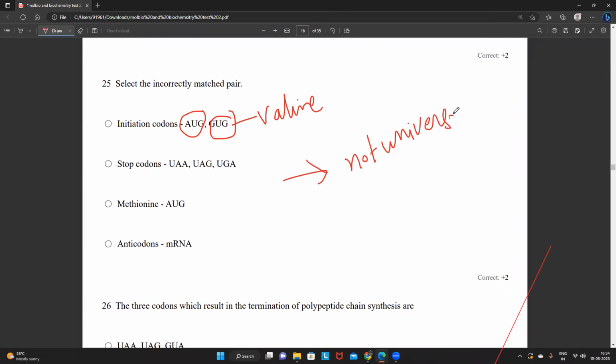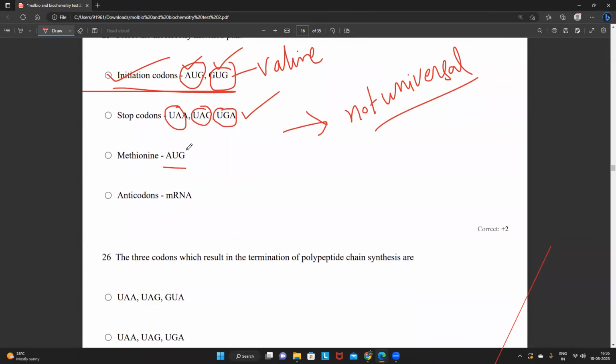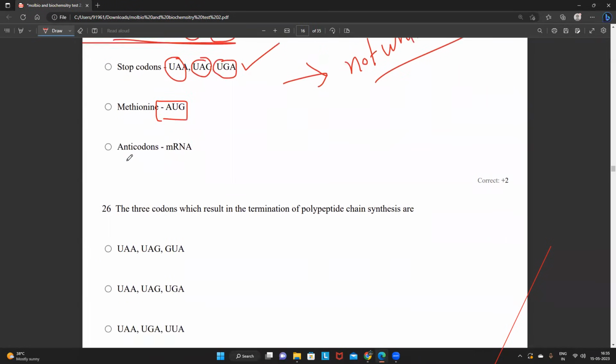It means it does not code for the same information everywhere. In most mRNA, AUG is the start codon. In some mRNA, GUG is the start codon. So both are initiation codons. That is right. Stop codons, there are 3: UAA, UAG, UGA. This is also right.